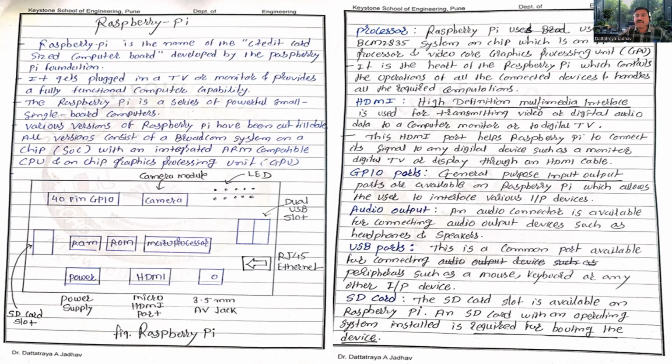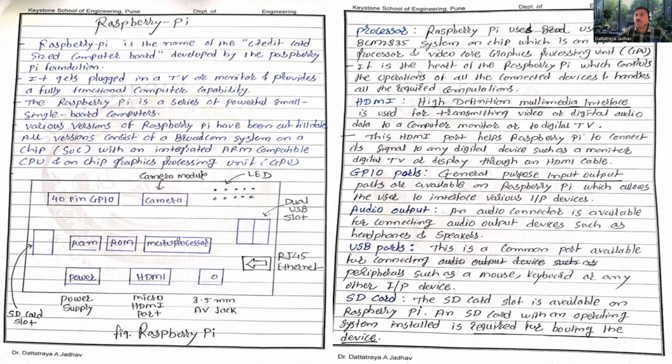So considering these components, when we go with the processor, it contains the microprocessor with RAM and ROM also. So Raspberry Pi uses the Broadcom BCM2835 system on chip, which has an ARM processor and a VideoCore graphics processor, that is GPU, the graphical processing unit.